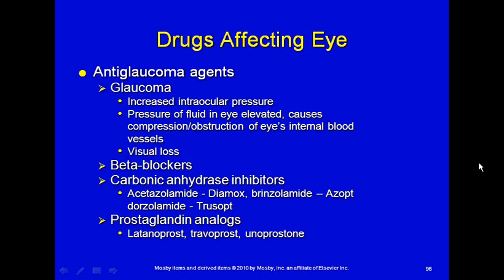Beta blockers have been used to certainly treat glaucoma. Carbonic anhydrase inhibitors are also used to treat glaucoma, and prostaglandin analogs are also used to treat glaucoma, and there's certainly a list of those medications there.